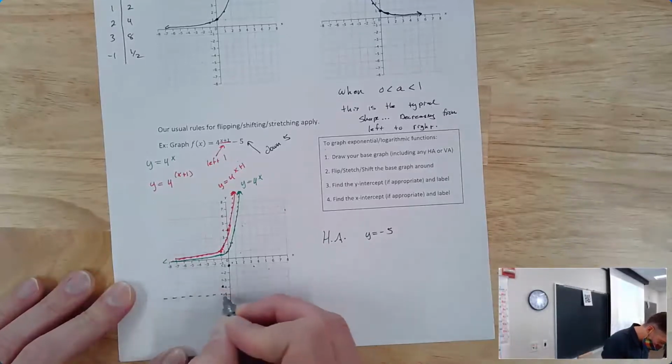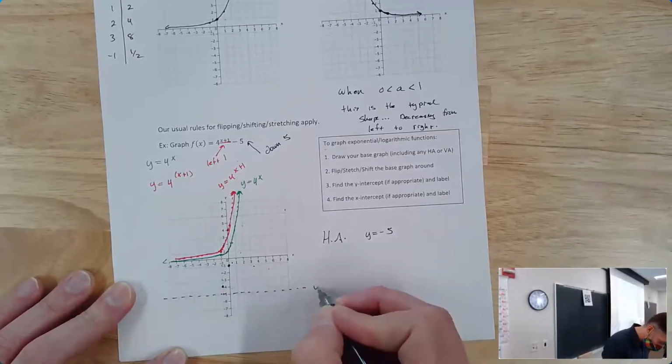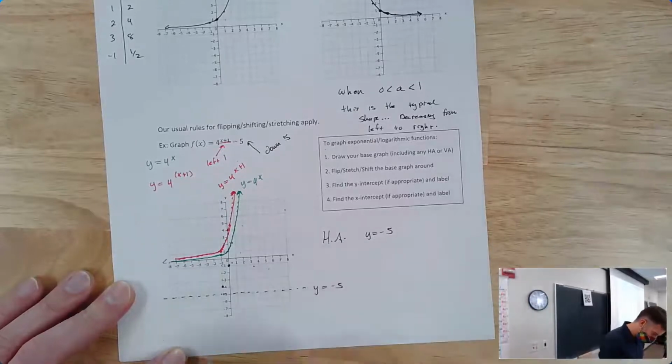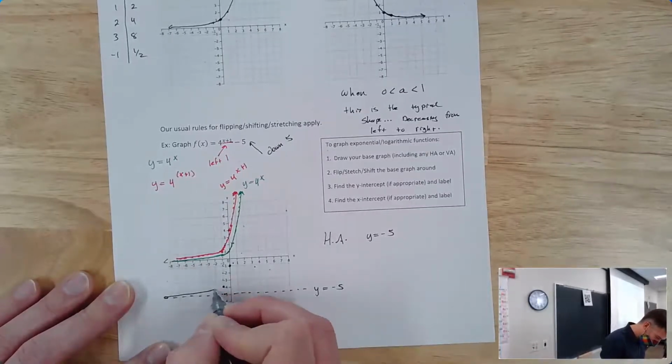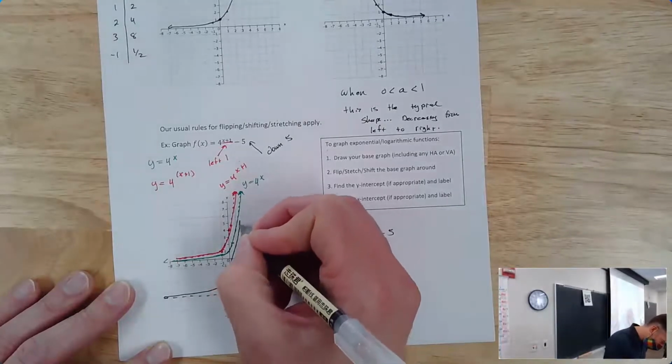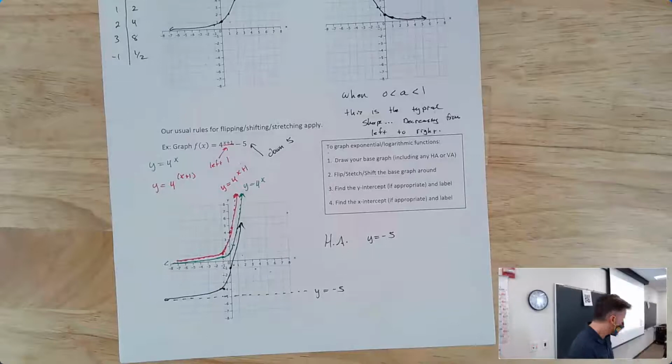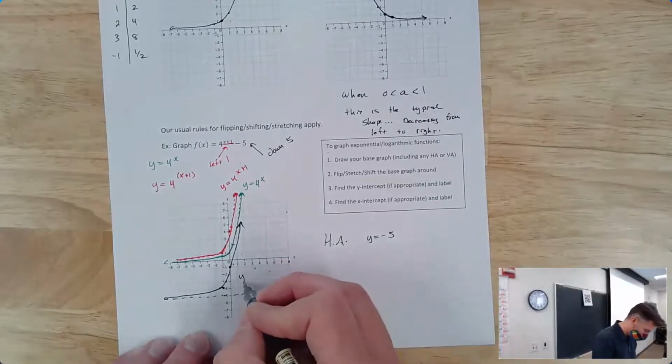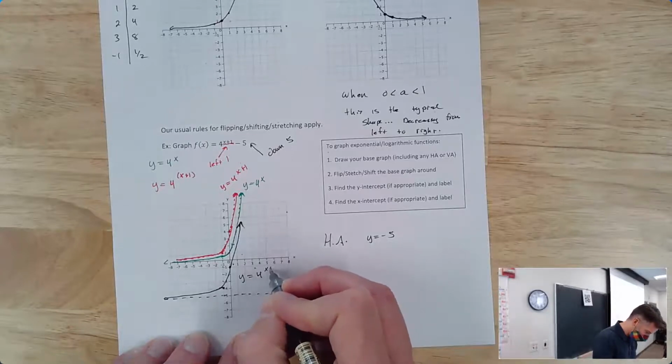And we do have to draw it. So there's my y equals 4 to the x plus 1 minus 5.